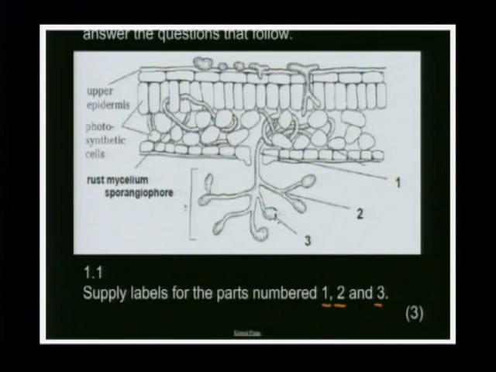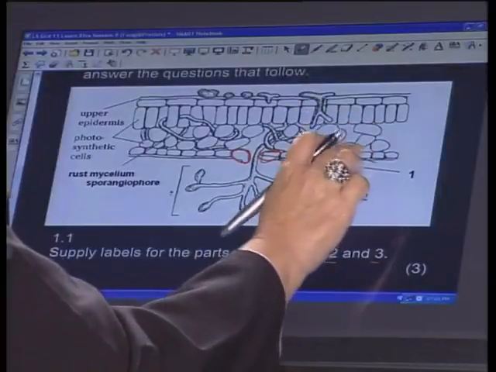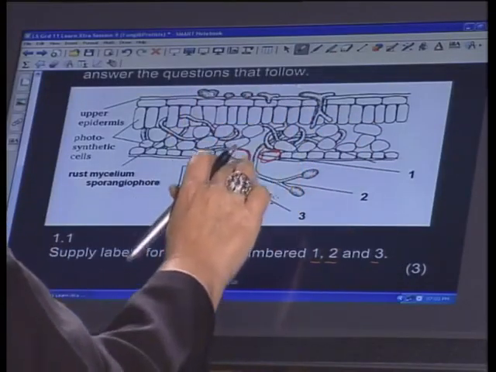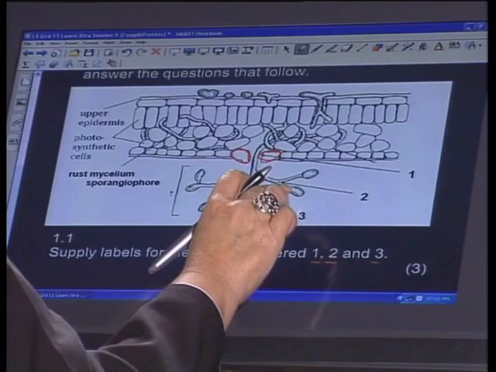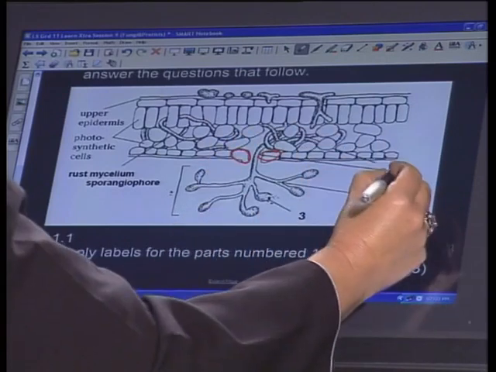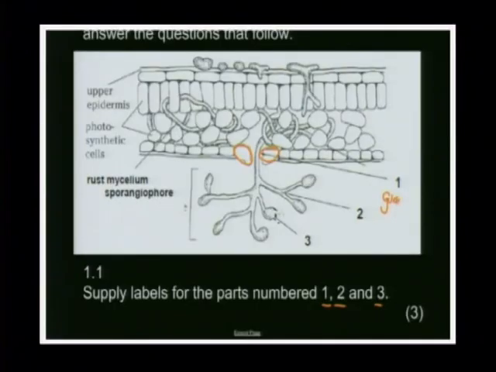If you look at label number 1, it's actually pointing to these 2 cells, or this area over here. Thus, what you can see, the potato leaf, there you can see in the darker color, that's the fungus growing out of it. So label number 1 is going to either be guard cells or stomata.